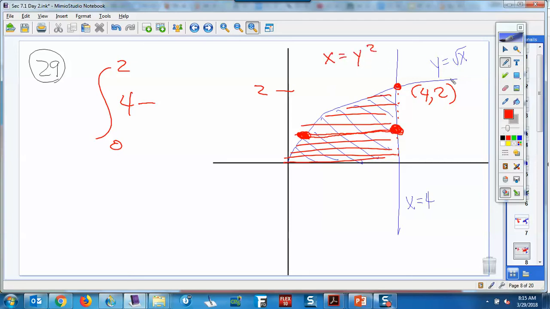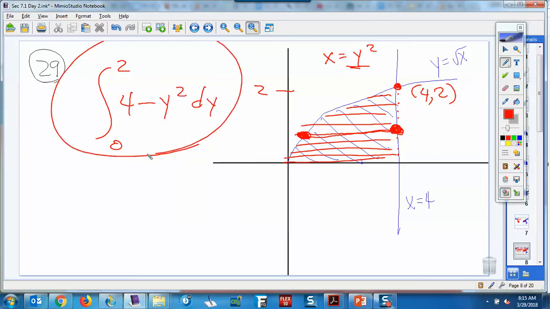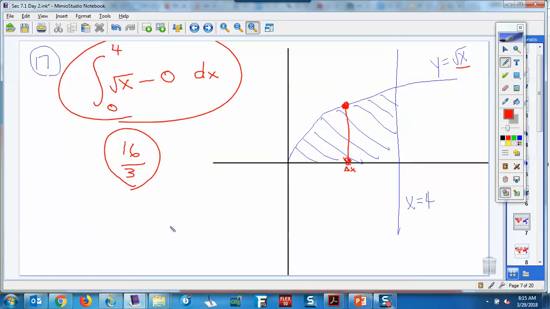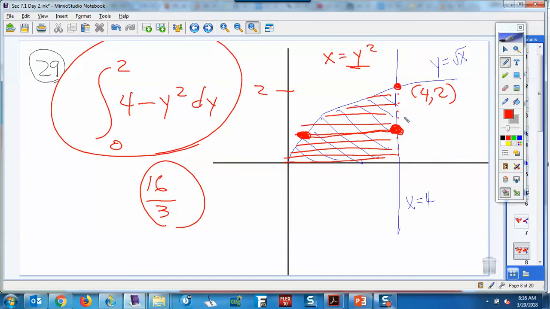So of this sideways parabola, the x coordinate is y squared. So when I say what is this x, you say y squared. So 4 minus y squared dy. Look at that, totally different looking integral than this one. However, the answer, when you type it in, better be 16/3, right? It's the same area. So we found it by adding up a bunch of vertical strips, or by adding up a bunch of horizontal strips, same answer.